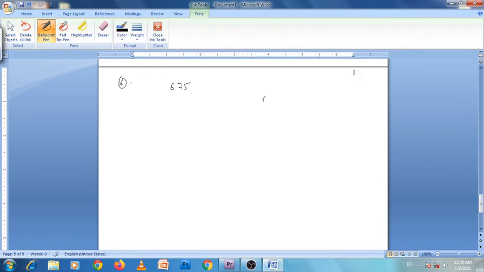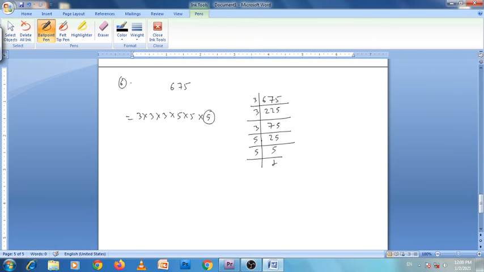So first get the prime factors of this number. Here 3 is in a group of three, but 5 appears only two times. So if we multiply it by 5, this will become a perfect cube.